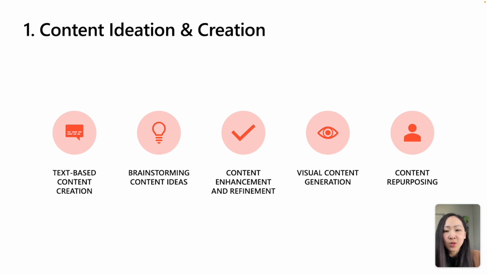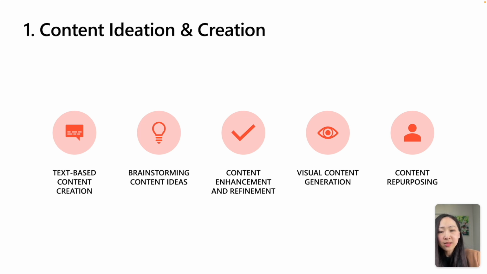So you can just ask it to create different types of content, and also brainstorm content ideas. For example, you want to explore some topics, social media post ideas, video topic ideas, and also enhance existing content, not just creating something new, like adjusting the tone and maybe adapting to your brand tone of voice style.